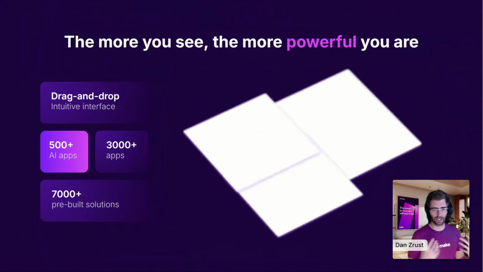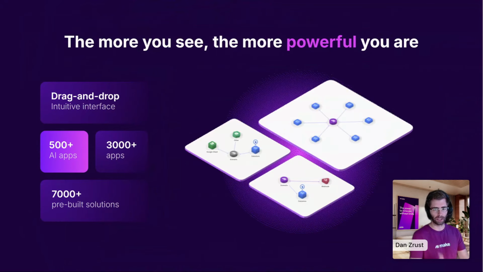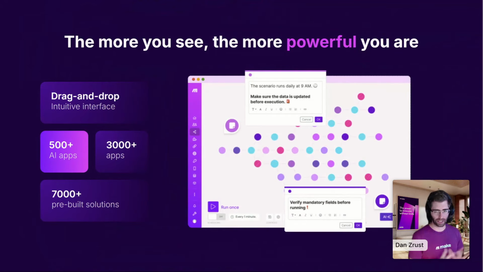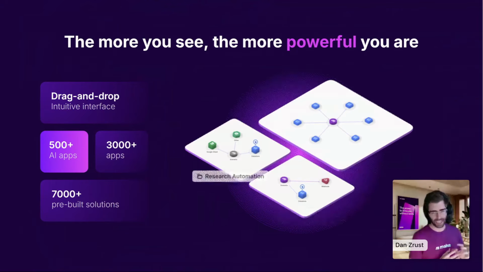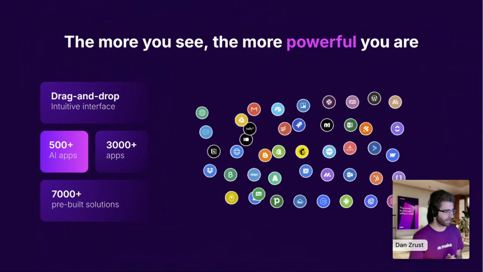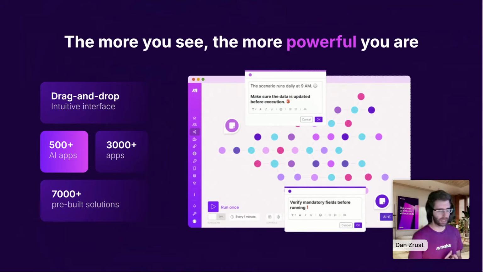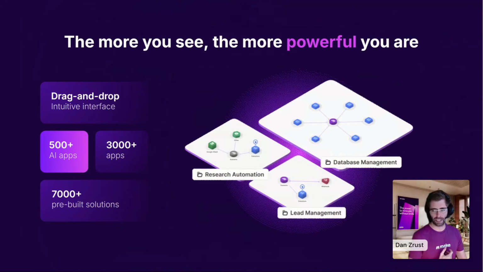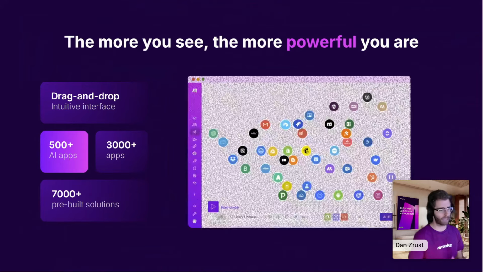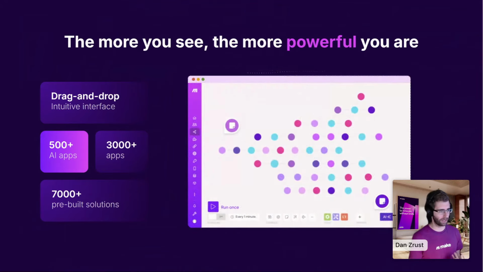So we give you the tool, and you go and build yourself. Out of the box, we provide around 3,000 connectors. 500 of them are AI-based apps. And then we even have some templates which were pre-built for you, so you don't have to start from scratch, or you can just get inspired and maybe then build something on your own. All right.